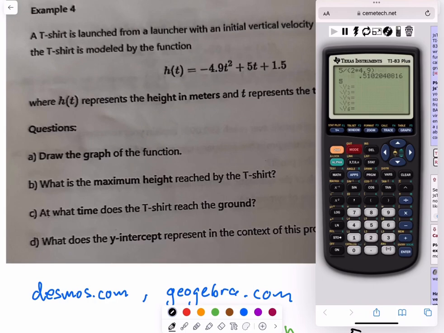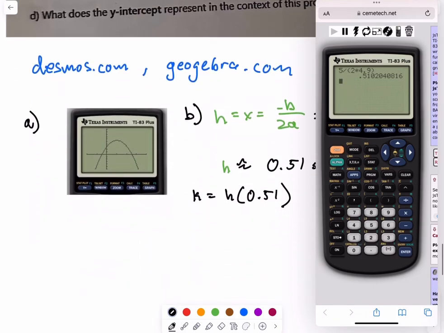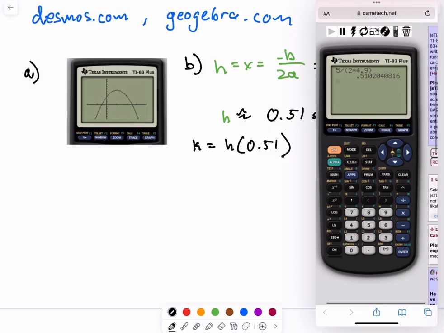So we want to evaluate that function when x is 0.51. Okay, we get a height of approximately 2.78. I think the units are feet.